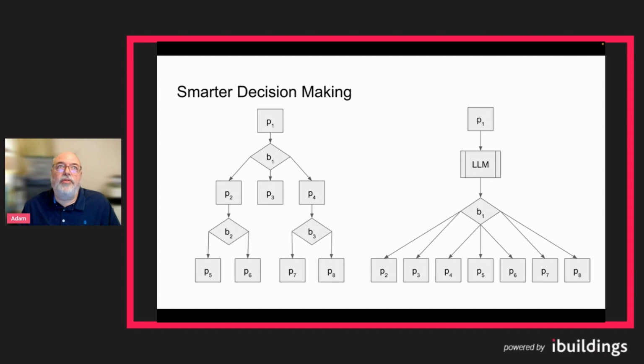LLMs, large language models, what most people think of as AI, are very good at making complex decisions. That is their entire reason for existing. So given enough information, you could actually have it make decisions on which is the best thing to do based on these particular criteria. Here is the information. What should I do? And it will do that.